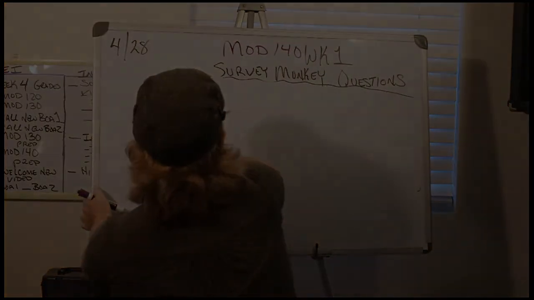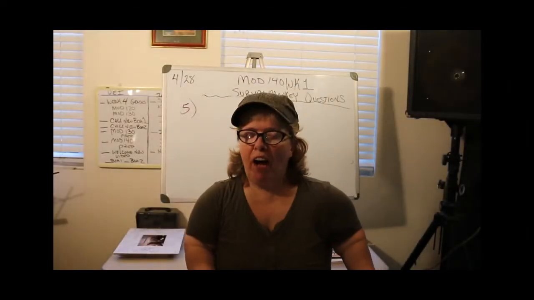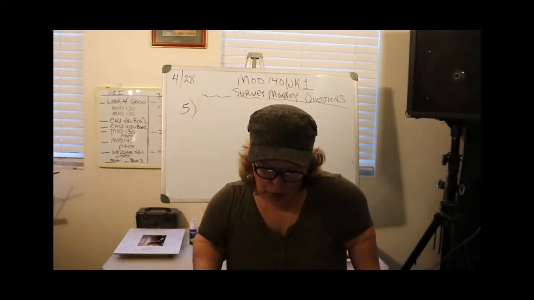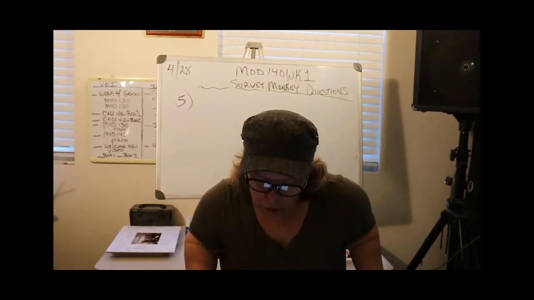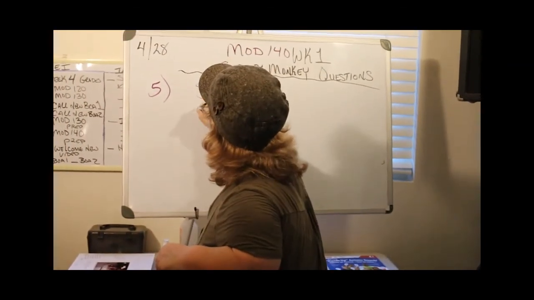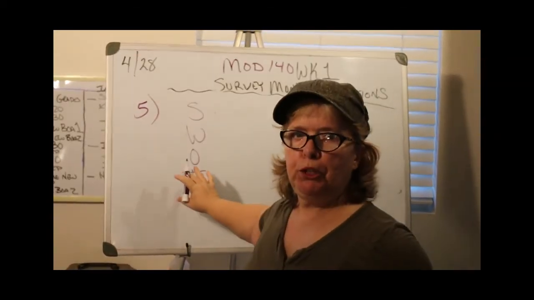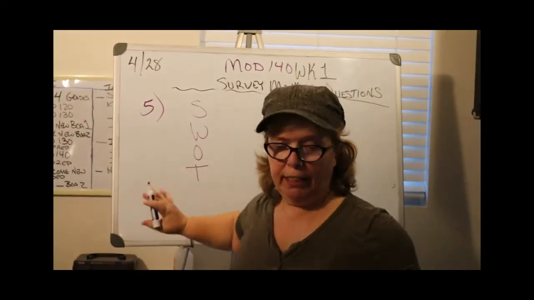Number 5 is asking, describe what a SWOT analysis is and what does the acronym stand for? We're going to learn more about this when we do our marketing plan because we're going to do a SWOT analysis.